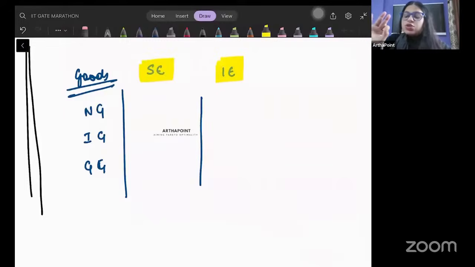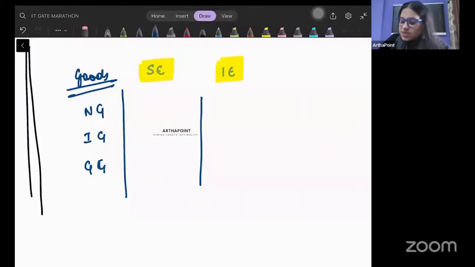But अगर substitution effect positive question में लिख दिया गया है normal good के लिए, तो just remember that substitution effect and income effect move in the same direction for normal good. This is more important to remember.